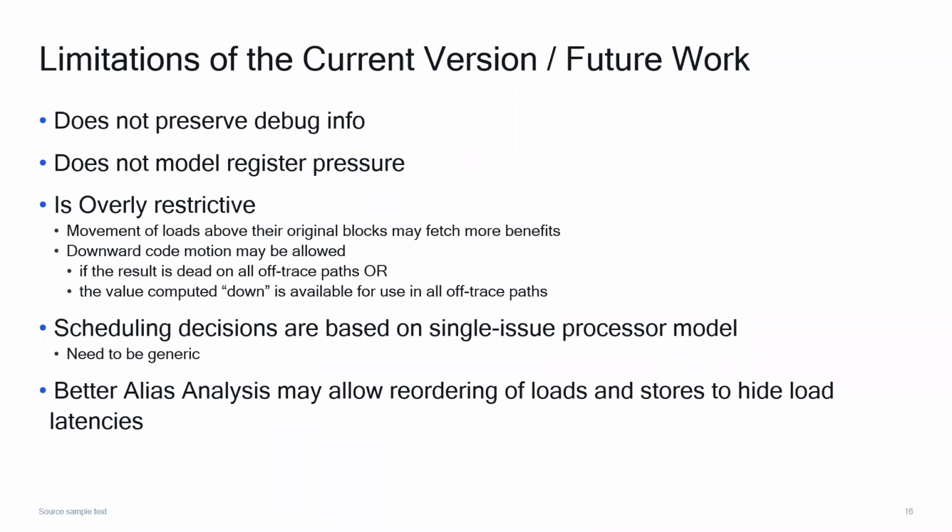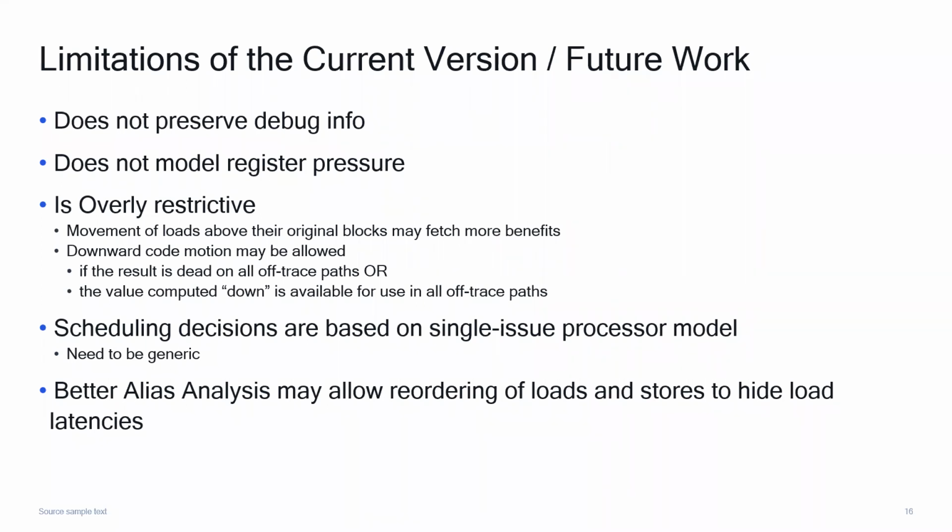In order to do that, we have to show that the loads won't generate any exception. Some kinds of loads will not generate exceptions. For instance, if we are loading from a global symbol, then we are sure that that address is valid, and therefore it's okay to load.